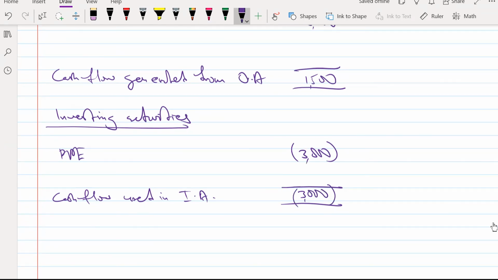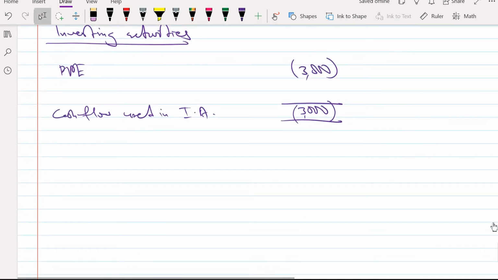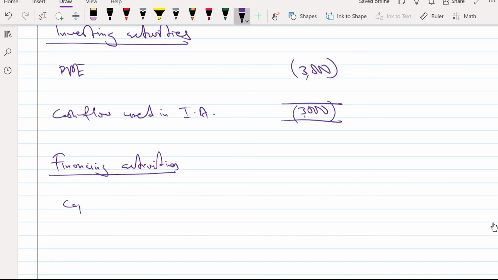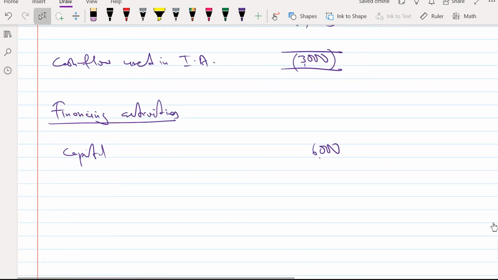Then we have financing activities as well, and in financing activities we have capital, and the capital is 6,000. Okay, that's the only thing we have there.